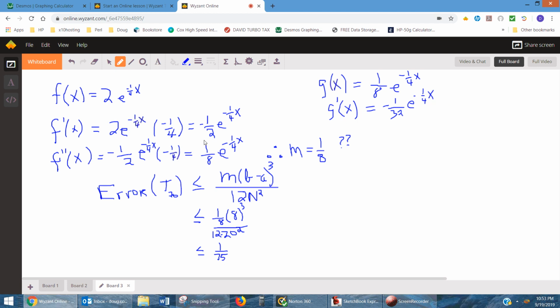So this function right here is always decreasing, which means the maximum value is going to occur when x is 0. And when x is 0, the second derivative has a value of 1/8.